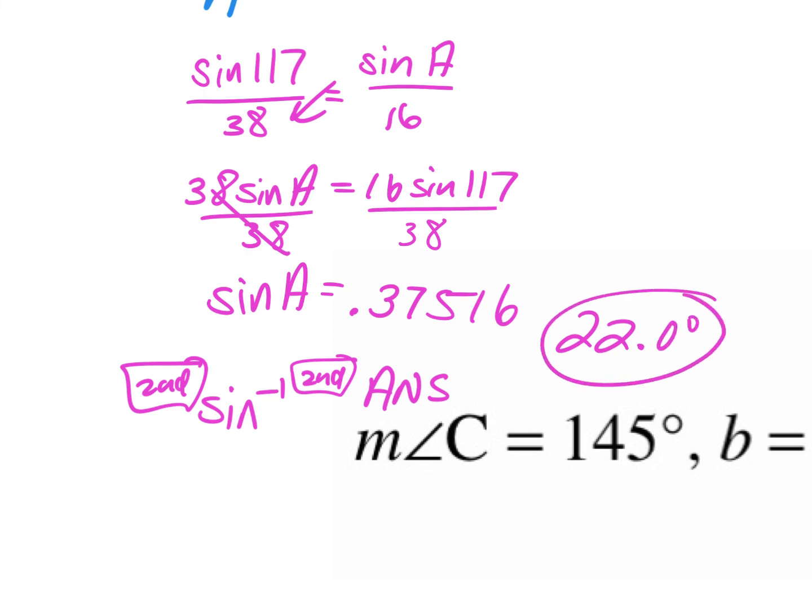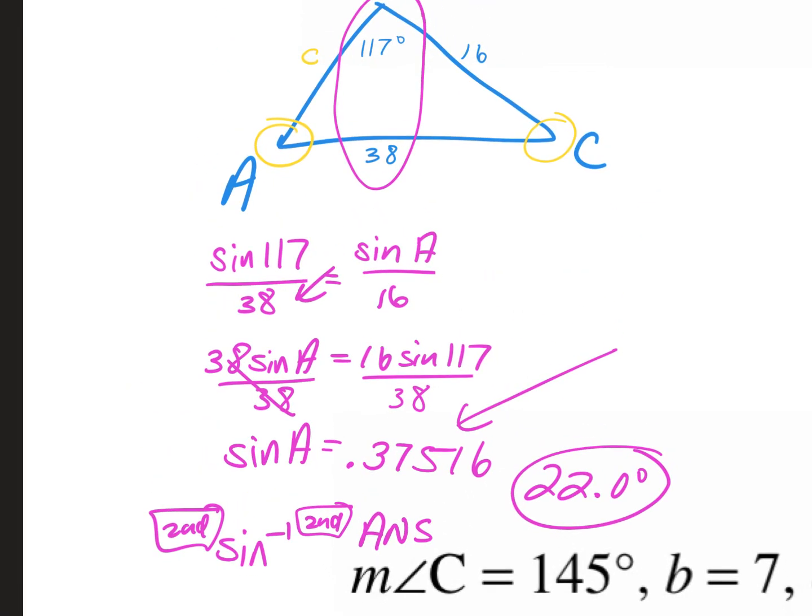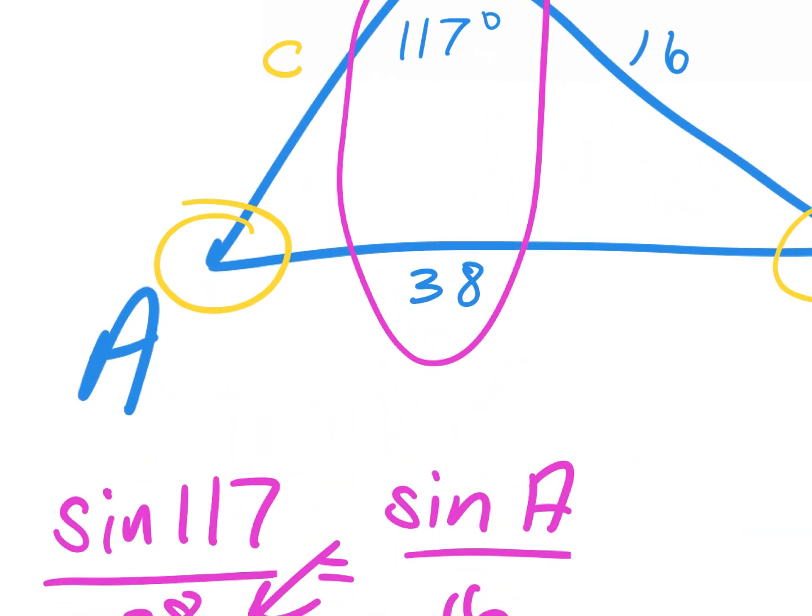Okay. If you guys didn't catch that, I'll show you again. It's second sine, second answer. You can, from this point right here, manually plug that in your calculator, second sine, 0.37516. But just so you don't make a mistake rekeying stuff in, or so you get a more exact answer, just hit second sine and then second answer, and it'll bring back your latest answer. So we got here the angle A is about how much? 22 degrees, right?